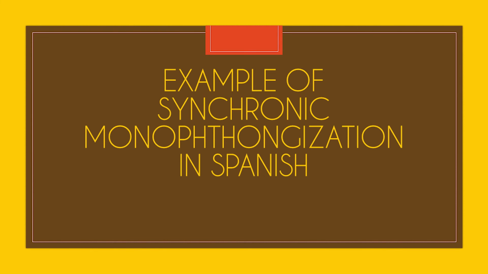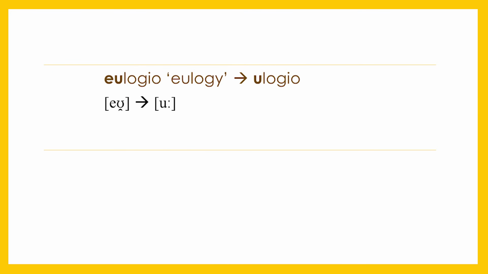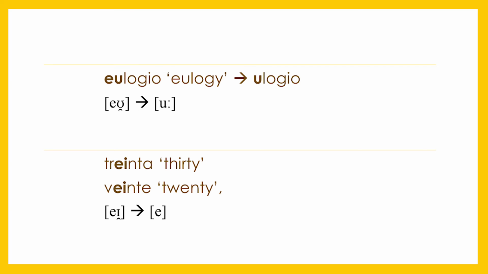Now, examples of synchronic monophthongization in Spanish. "Eulogio," which means eulogy, becomes "ulogio," which is monophthongized. In Spanish, words like "veinte" or "treinta," which means 20 and 30, especially when they're used in combination like 22, 23, 24, instead of "veinte" and "treinta," they're pronounced "vente" and "trenta."